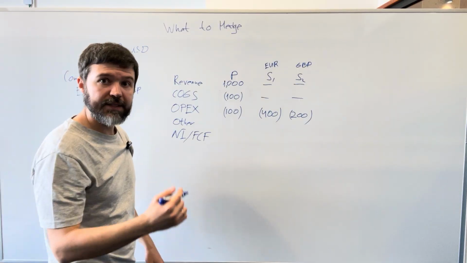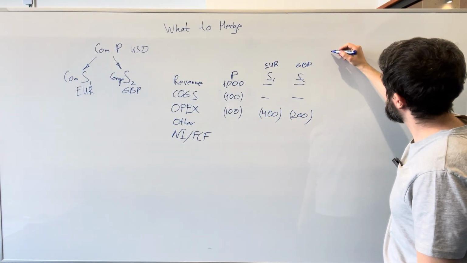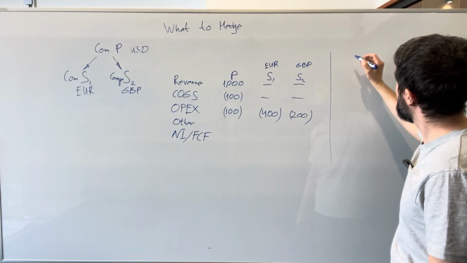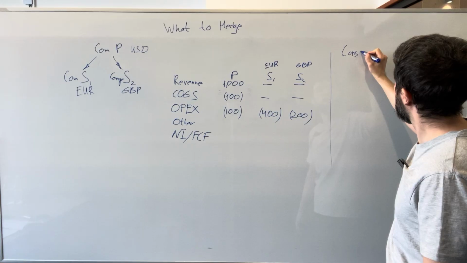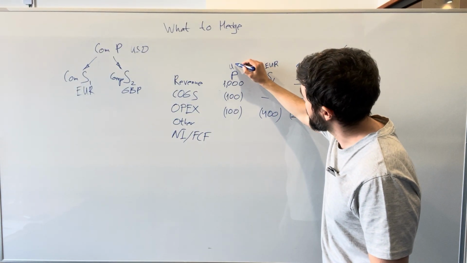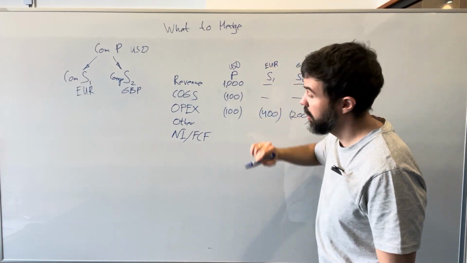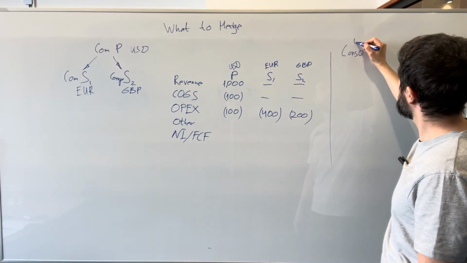Okay, let's consolidate these guys in our management accounts because it's forecast. This is consolidated. And as we have our functional currency here as United States dollars, we will consolidate in United States dollars.